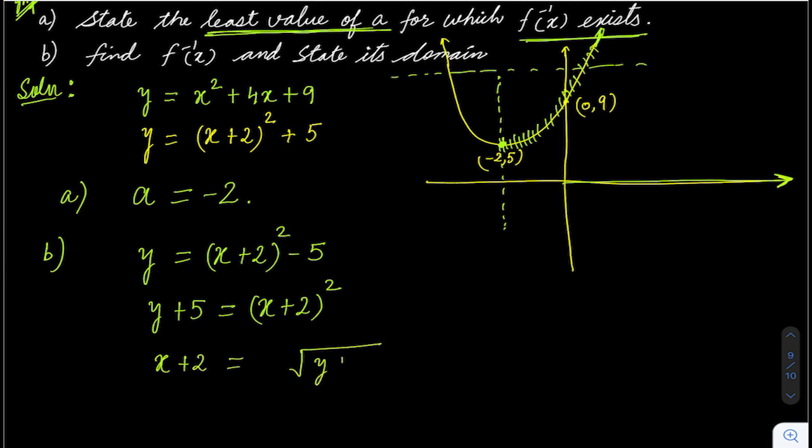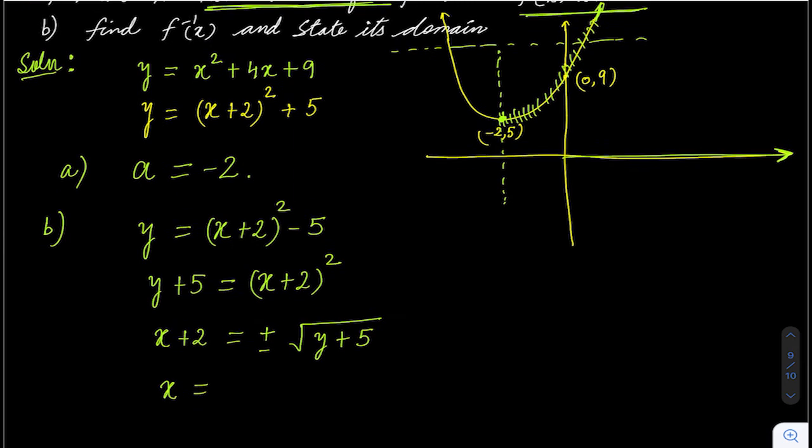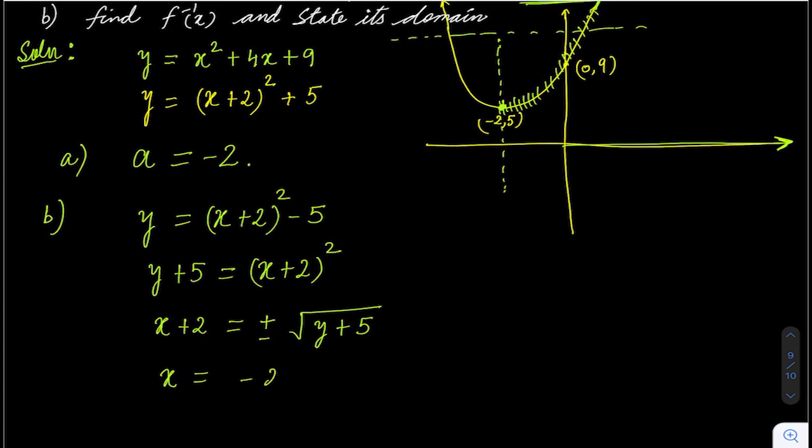When you take square root, always remember, whenever you take square root, you always have to go for plus minus because it's a square equation and you are taking square root on both sides. So we will get 2 answers actually. So x will be equal to, one answer is minus 2 plus root of y plus 5. And second answer is minus 2 minus root of y plus 5.